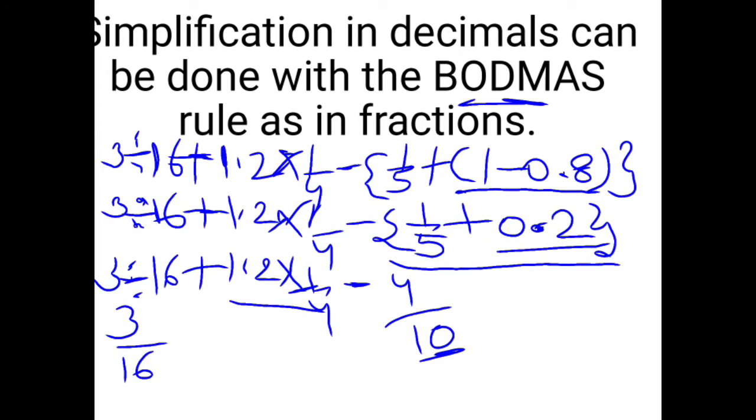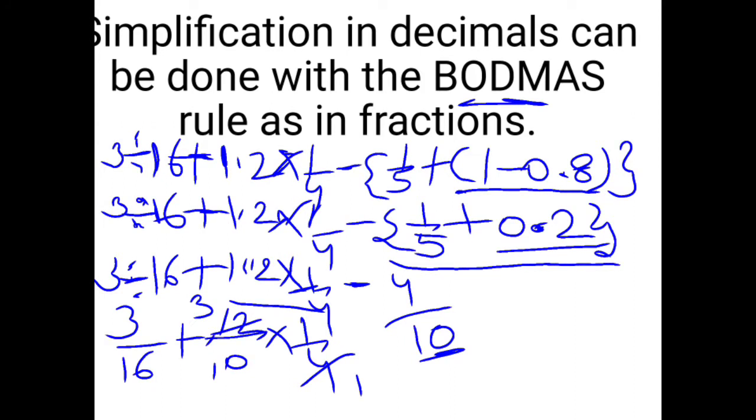How can we solve it? We convert this 1 decimal 2 into a number without decimal, that becomes 12. I am applying the operation: plus 12 upon 10 multiplied by 1 upon 4. Now you can cut: 4 ones are 4, 4 threes are 12, because these are in multiplication.